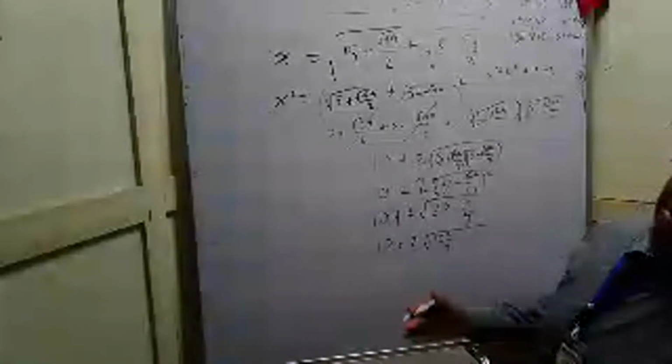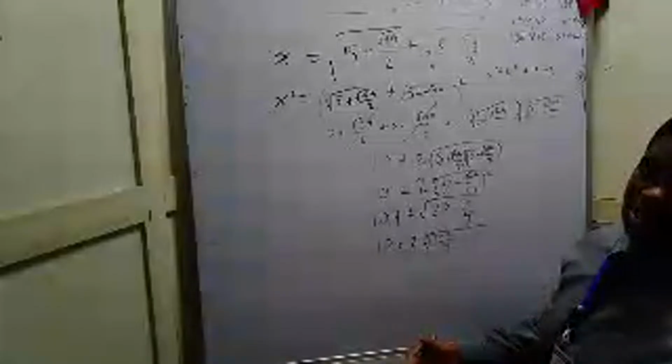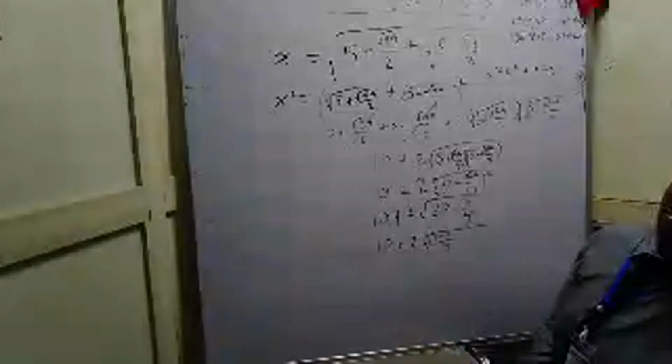If I change 1 over 4 to a decimal, I'll have 0.25, and to square root 0.25 I'd change it back to a fraction before I square root. It's better to square root whole numbers than to start square rooting fractions or decimals.